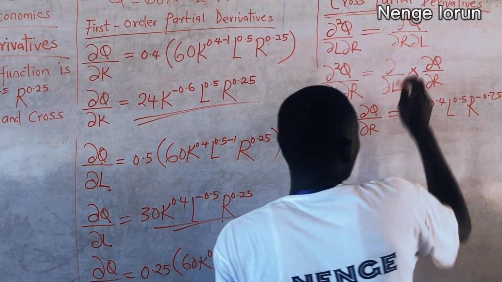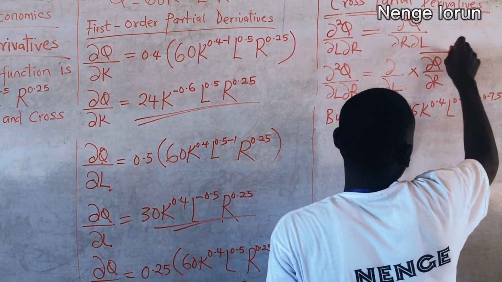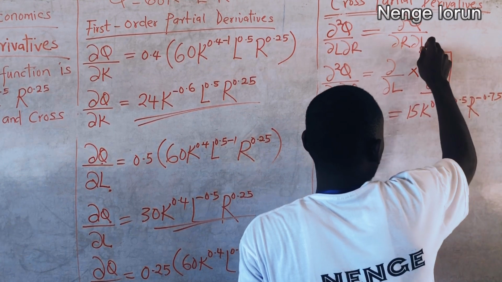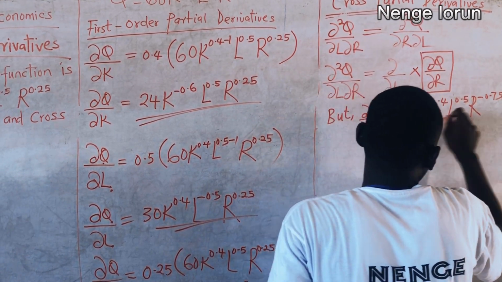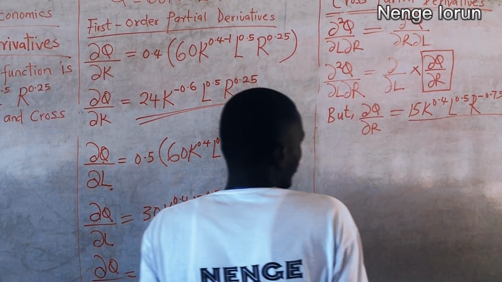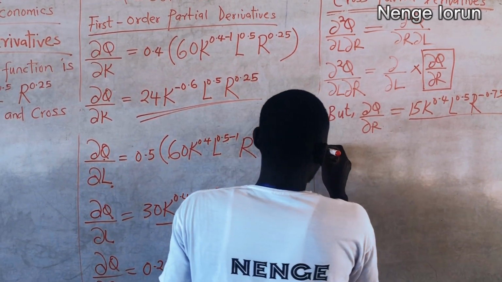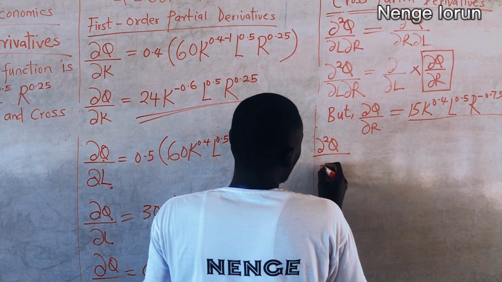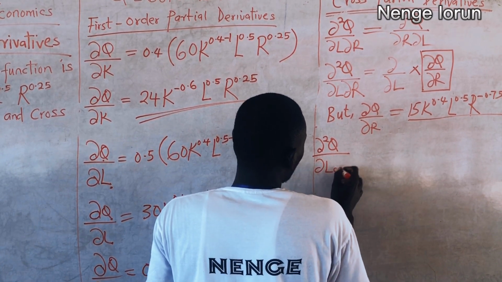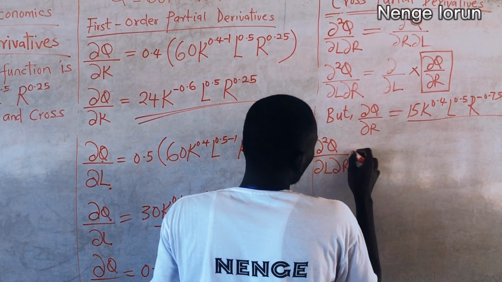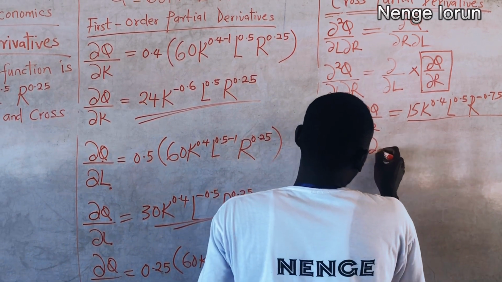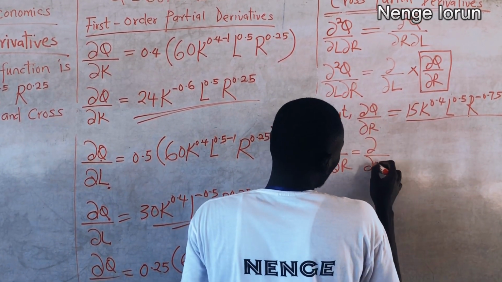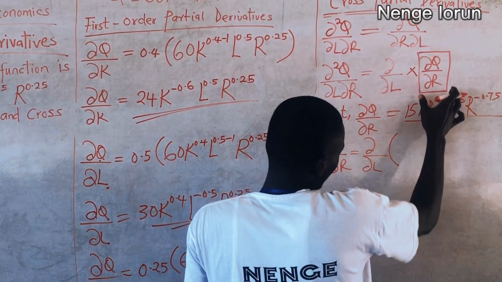So in place of the cross-partial derivative of q with respect to r, you will impute this value. By so doing, you have the second order cross-partial derivative of q with respect to l with respect to r, which is equal to the cross-partial derivative with respect to l into, that is in place of this.